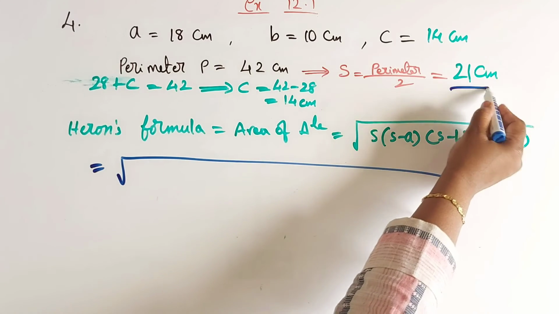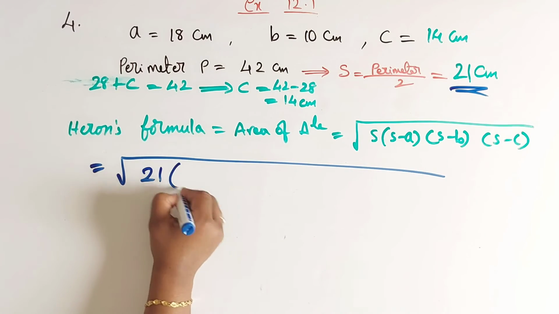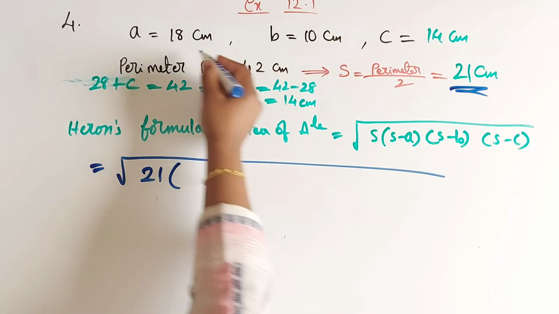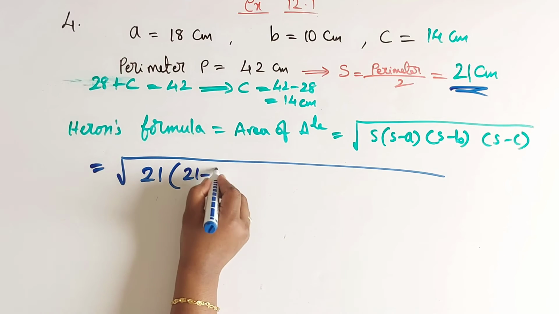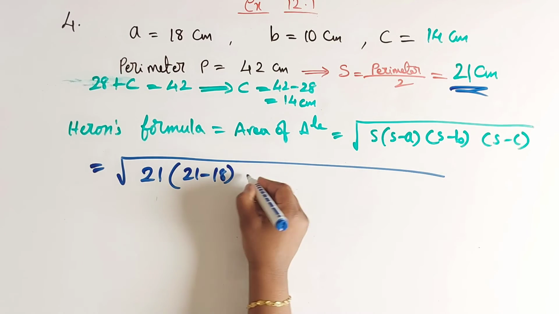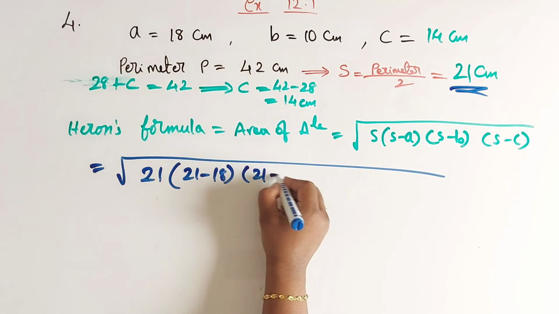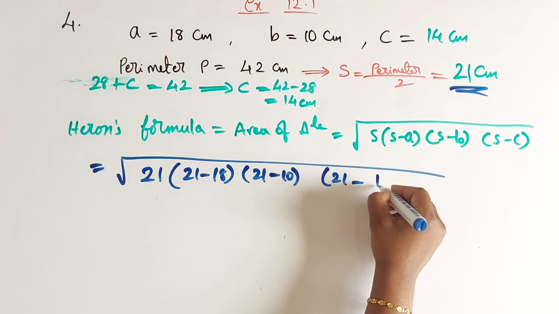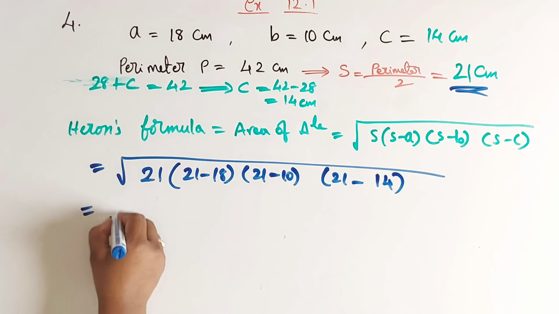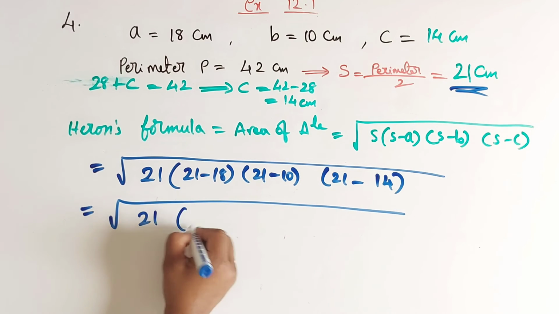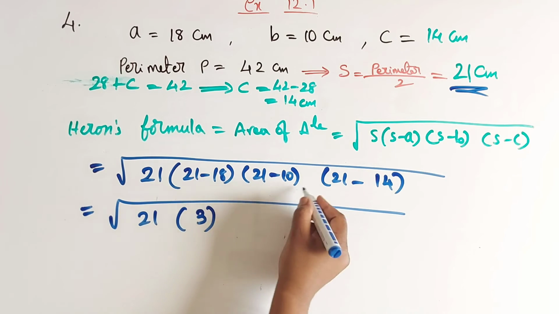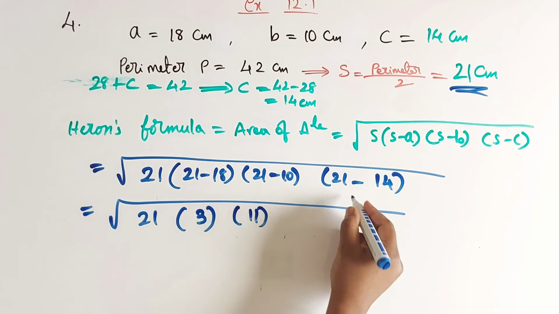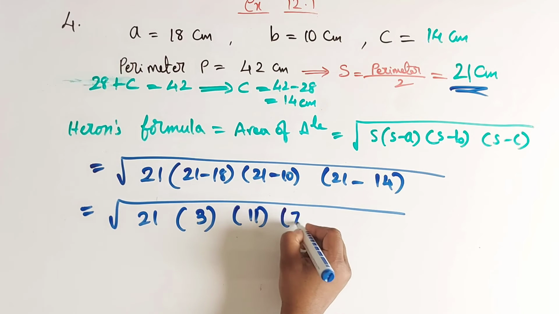S means 21. 21 minus A, that means 21 minus 18; S minus B, 21 minus 10; S minus C, 21 minus 14, children, correct? So here it is 21. 21 minus 18 means 3, children. 21 minus 10 means 11, children. 21 minus 14 is 7.